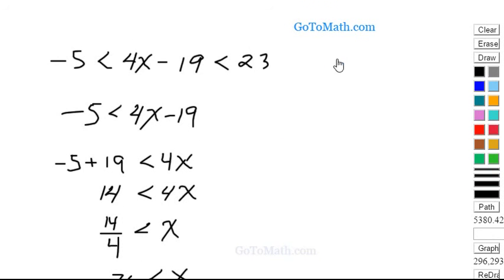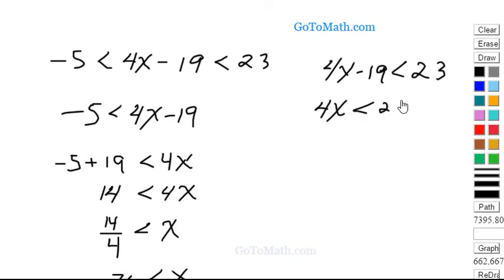Alright. And then on this side we're going to have 4x minus 19 is less than 23. So we have 4x is less than 23 plus 19. Right? So we take it to the other side, makes it a positive.